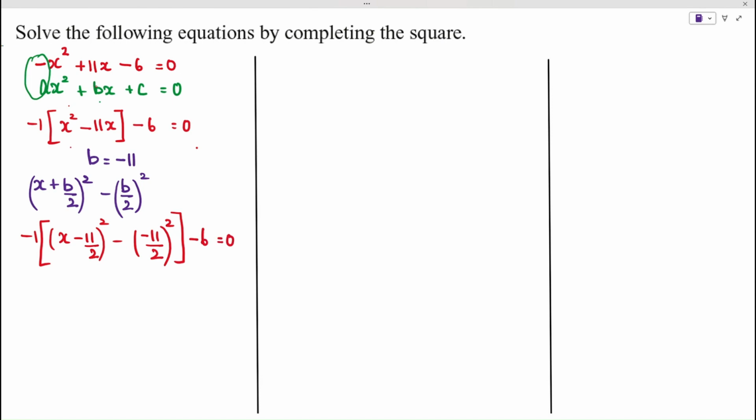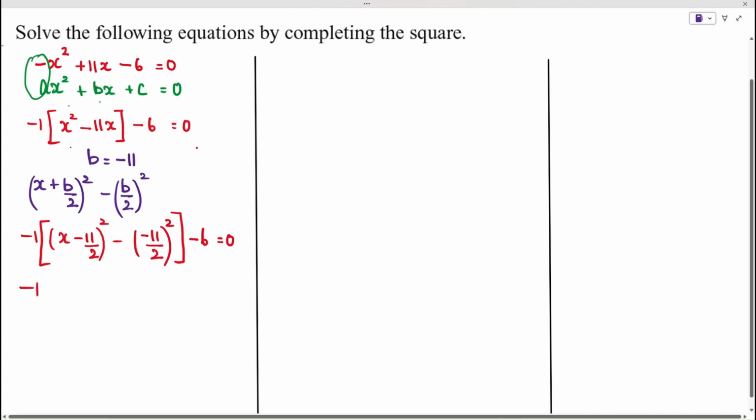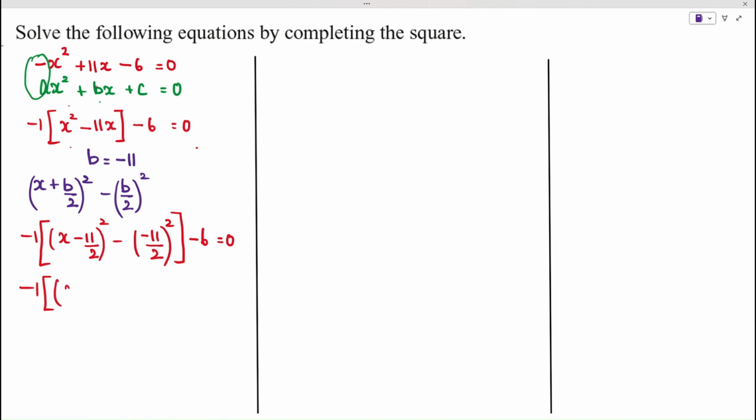Now we're going to square the second part of our formula, and so we get minus 1 times, with our square brackets, x minus 11 over 2 the whole squared minus, this is going to be 121 over 4. Close our square brackets, minus 6 is equal to 0. Now what we can do is multiply a negative 1 into our square brackets.